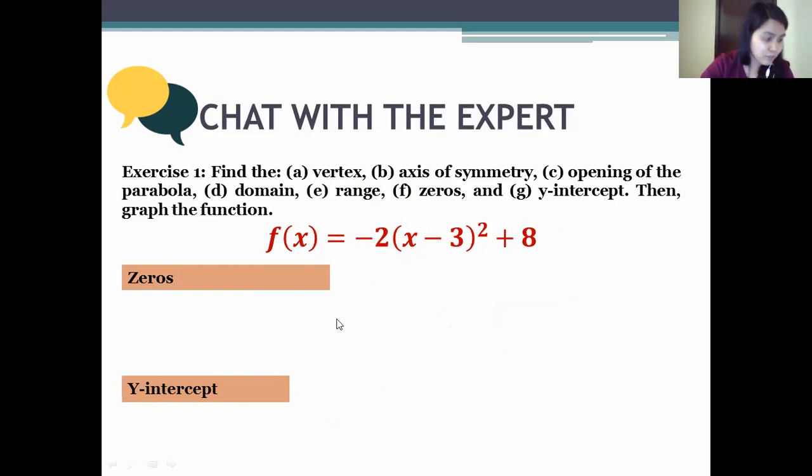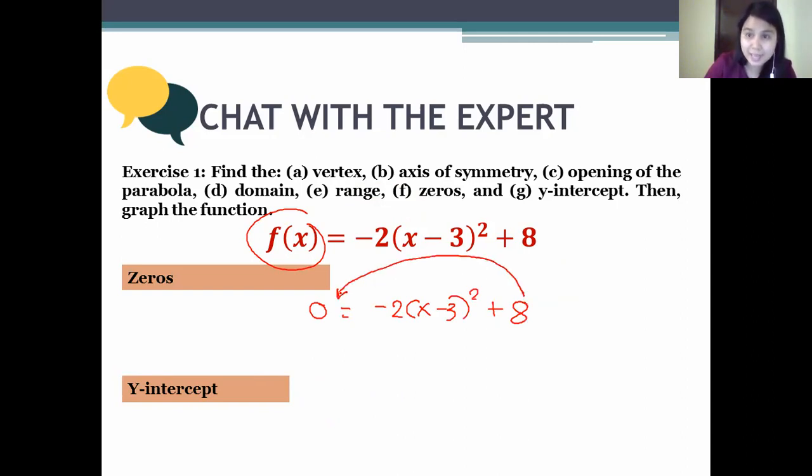Now, to solve for the zeros, we can do it this way. Turn this into 0. So 0 equals negative 2 quantity x minus 3 squared plus 8. Next, transfer 8 to the other side.